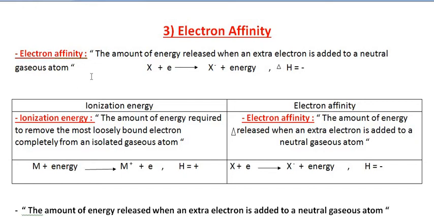The energy released when an electron is added to a neutral atom is called electron affinity. So the definition of electron affinity is the amount of energy released when an extra electron is added to a neutral atom. And to be exact, this atom must be in a gaseous state.